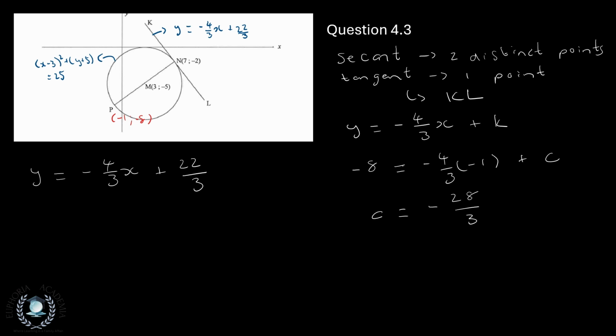Once you start moving this line into the interior of this circle, then it's going to touch at 2 points, which is a secant. So it's going to do all of that up until it gets to this line KL, this tangent line here. So you want values of that constant that are between this P value, where it touches there, and where it touches at N.